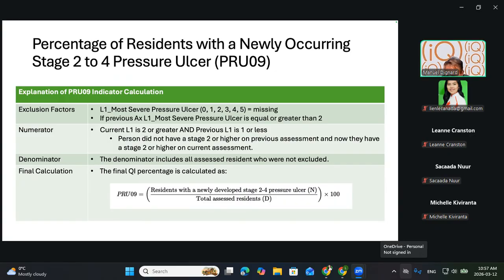It helps define what new means, but the calculation itself is still a snapshot of what's going on now. So that is why it remains a prevalence indicator. Or to look at it simply, it's a prevalence indicator with a memory.